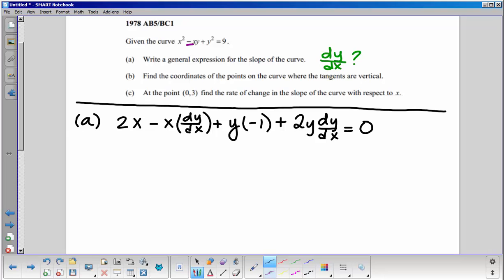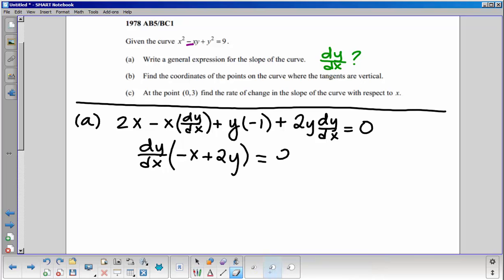Now we're going to solve for dy dx by factoring it out first and moving some terms to the other side. So we're going to have negative x plus 2y inside the parentheses equals y minus 2x on the other side.